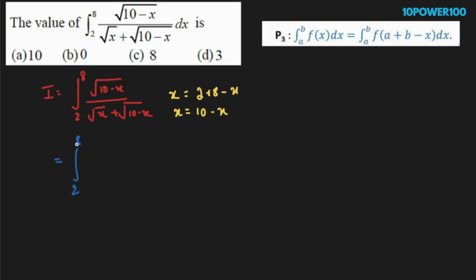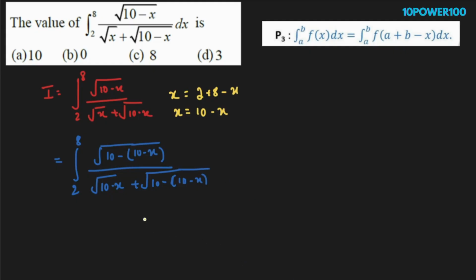Let's replace that. We get the integral from 2 to 8 of root 10 minus of 10 minus x, whole divided by root 10 minus x plus root 10 minus of 10 minus x, dx.